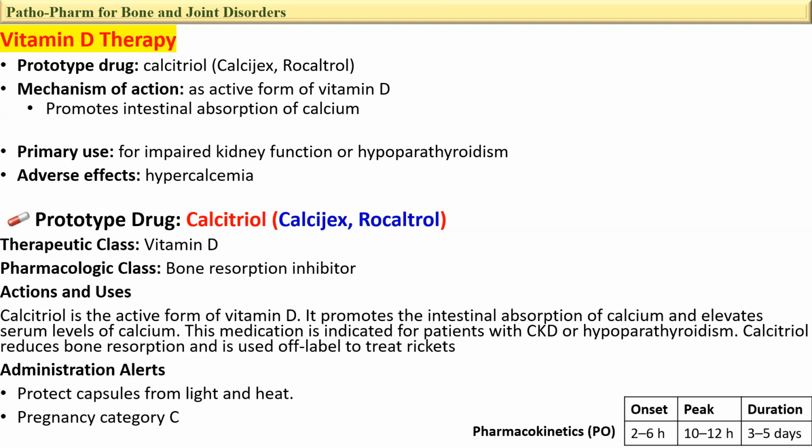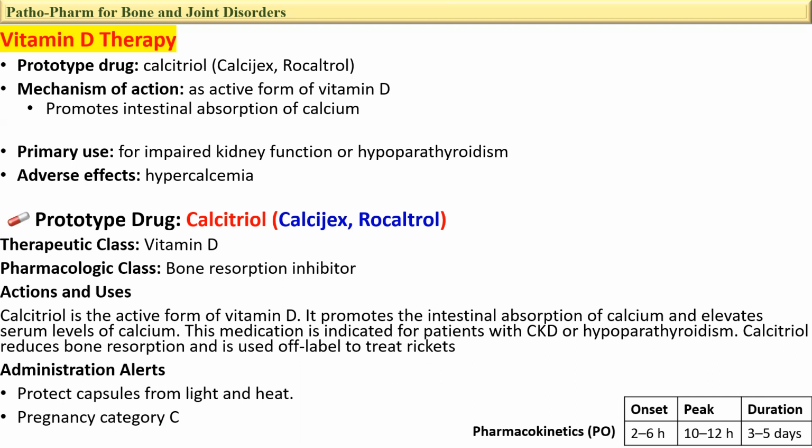It can also be used for treatment, and is very useful for treating patients or children with rickets. Adverse effects will be hypercalcemia, headache, weakness, dry mouth, thirst, increased urination, muscle and bone pain. These are some of the side effects of the drug.